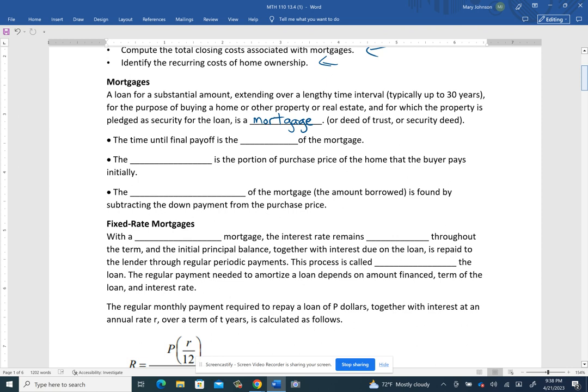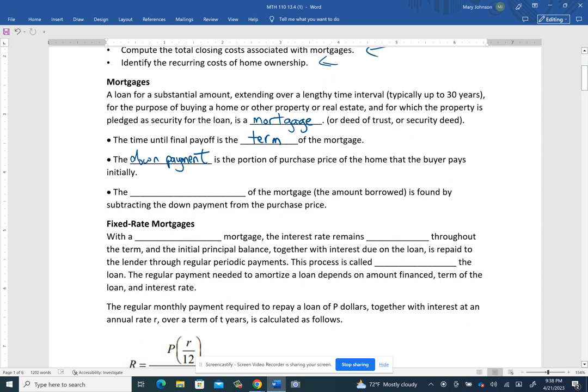The time until the final payoff is the term of the mortgage. So that would be like the 30 years or the 25 years, or however long you're going to take to pay off the loan. The down payment is the portion of the purchase price of the home that the buyer pays initially.